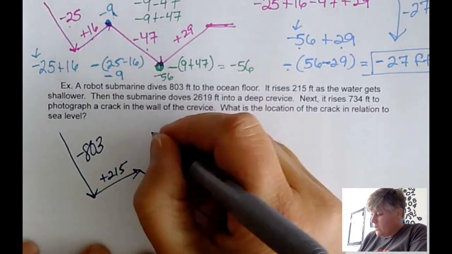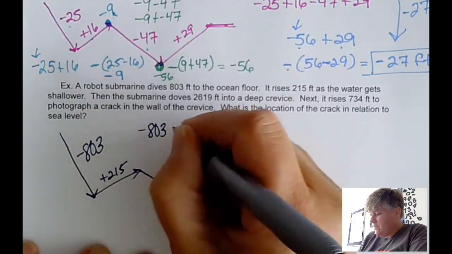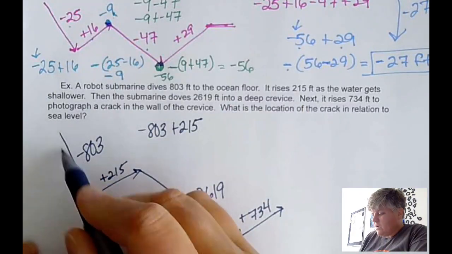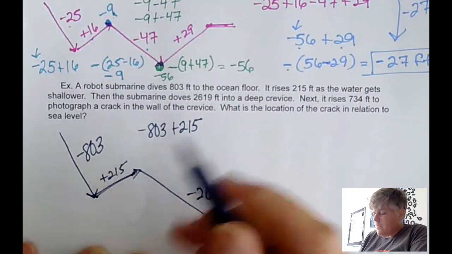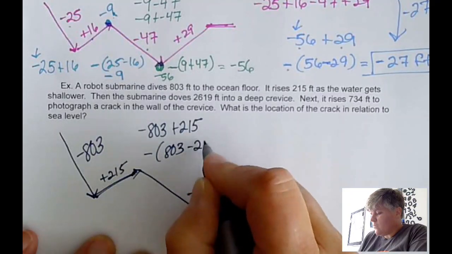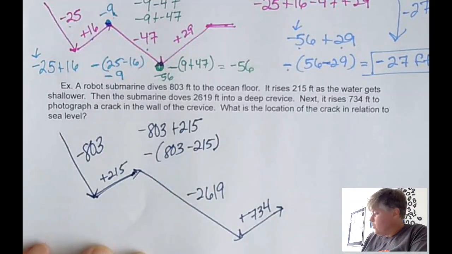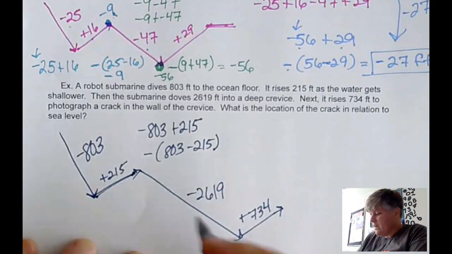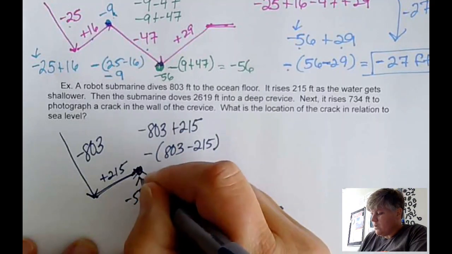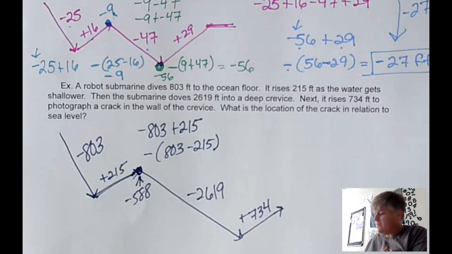And then it wants to know where is this robot, the location of the crack in relation to the sea level. So we're going to take negative 803 plus 215 because it went down and then back up. And so take that negative, and we're going to get a negative 588. So that's where the robot submarine is at this point.